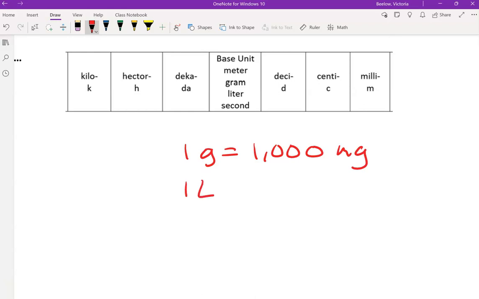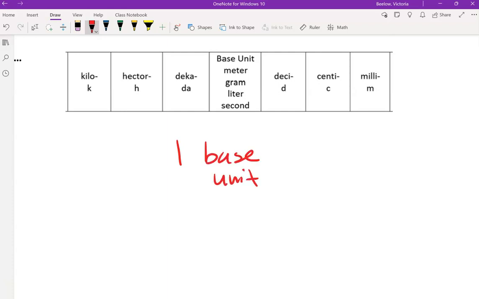Or you can say 1 liter is equal to 1,000 milliliters. That's the same thing. So essentially, 1 base unit is equal to 1,000 milli base units. So that's an important one to know.